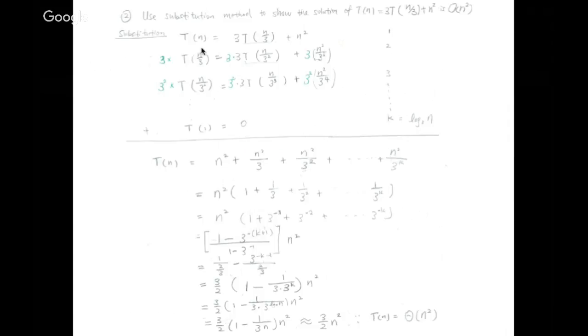we start with T(n) equals 3T(n/3) plus n squared. That's equation 1. Then in order to erase these T terms on the right-hand side, we have to multiply. Okay, so let's forget about that. So we have T(n) equals 3T(n/3) plus n squared. Then we substitute this n with n divided by 3.